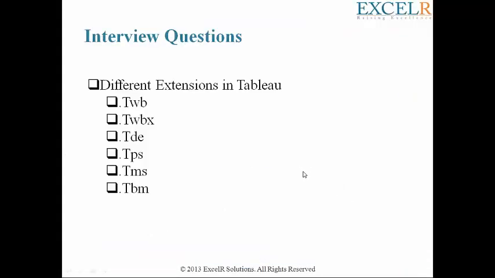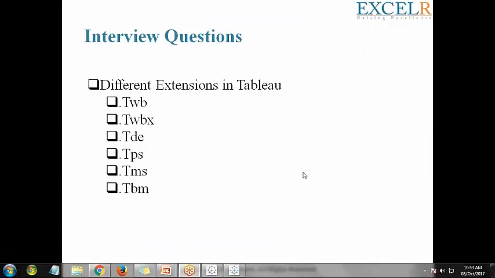So the question which I was talking about: what are the different extensions in Tableau? People who have attended my session may have got a more elaborate view on .twb, TWBX and TDE. For now, let me explain what TWB and TWBX mean.